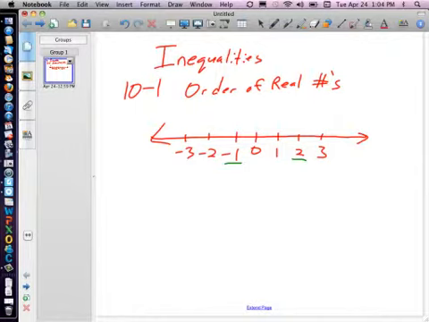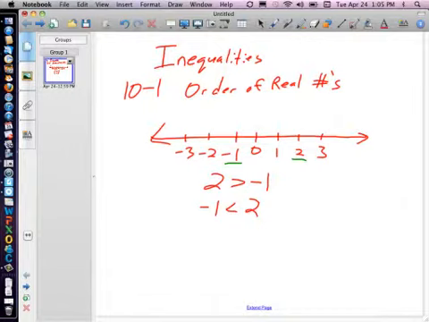And we can write that in a couple different ways. We can write 2 is greater than -1. We could also write -1 is less than 2. Any one of those is okay. So again, a number line shows the relationship between the numbers on it. So numbers to the right are larger than numbers to the left.